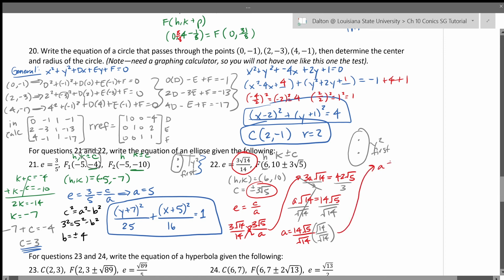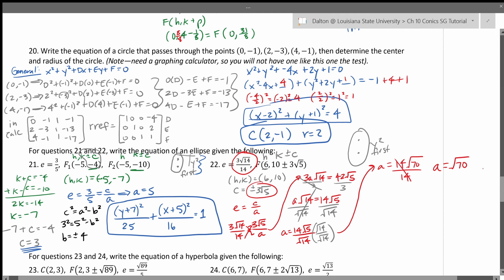I get a is equal to, when I multiply straight across, 14 times the square root of 5 times the square root of 14. Rules, we can multiply the stuff on the inside together. That's going to be square root of 70 over square root of 14 times square root of 14 is just 14. And then 14 over 14 is 1, leaving us with a is equal to the square root of 70.